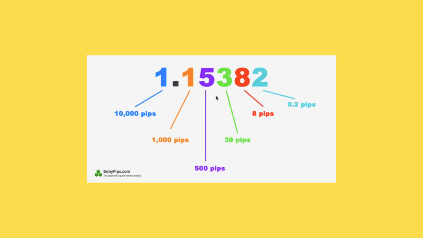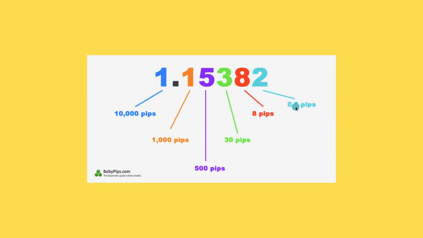Okay. So this right here is cool because it shows us, just like we would in elementary school, how to read decimal places. So this very, very last number here, this 2 represents 0.2 pips. This is not even a full pip. It's a fraction of a pip.